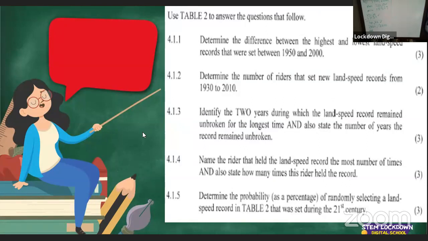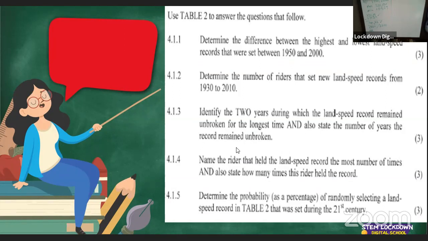Okay, let's look at question number 3, guys. Question number 3 says, identify the 2 years during which the lane speed record remained unbroken for the longest time, and also state the number of years the record remained unbroken.